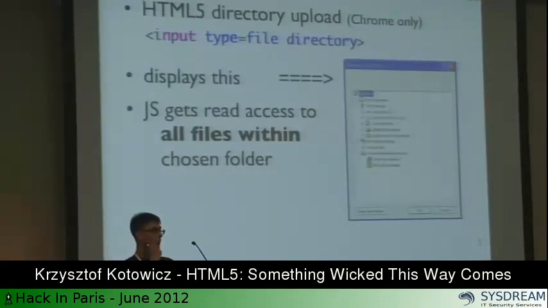And as soon as you choose a folder, the JavaScript on the page gets read access to all the files within the directory and all those subdirectories. So you're basically allowing the JavaScript on a page to upload the whole directory to a web server, or read the file list, or scan the files and extract some snippets from it. You get access to file names, file sizes.